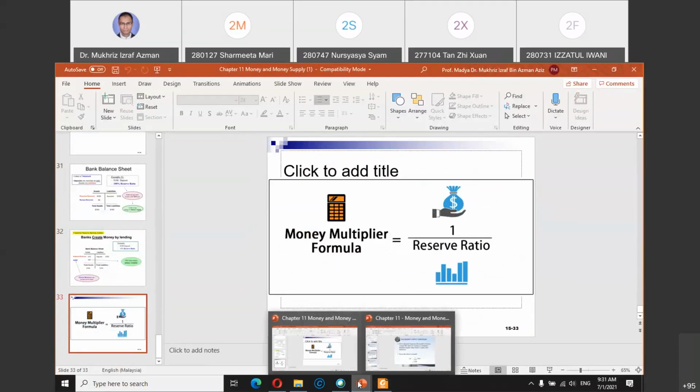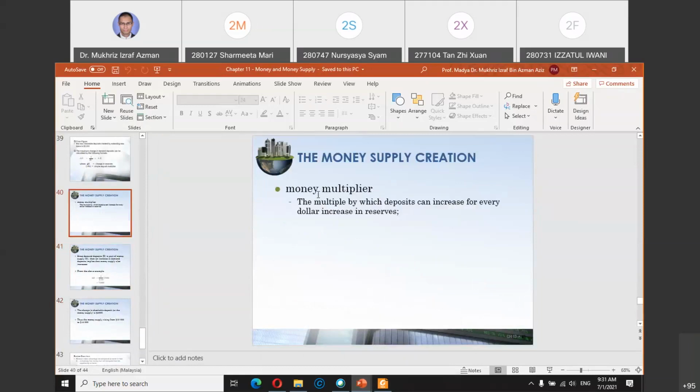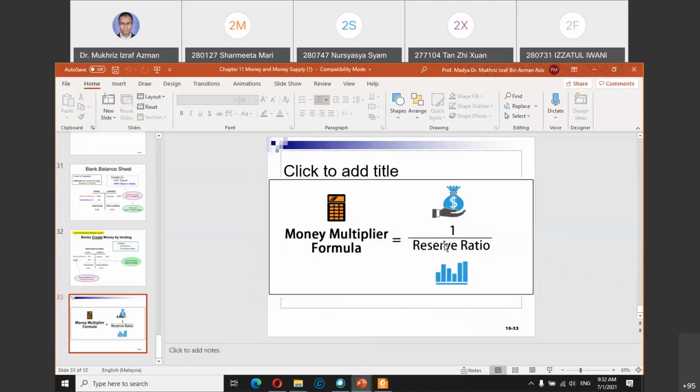If you look at this slide from Arnold here, you have the money multiplier, which is how much deposits can increase for every dollar increase in reserve. So the formula just now: 1 divided by reserve ratio.